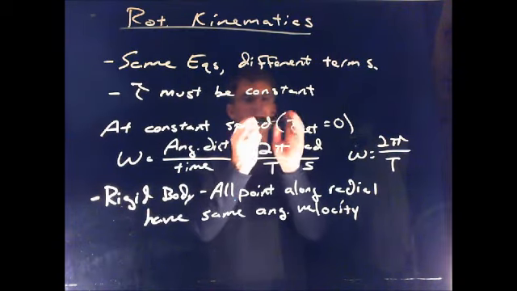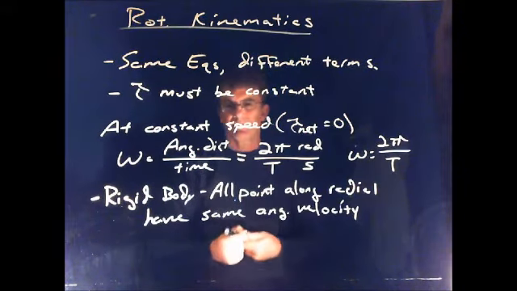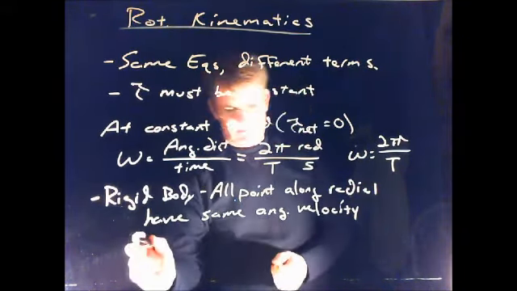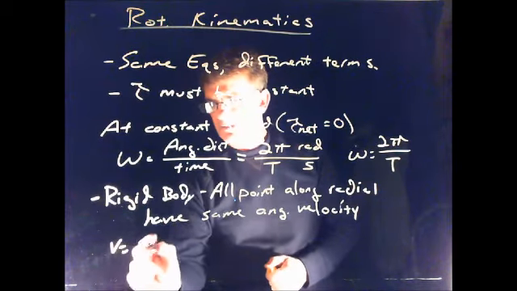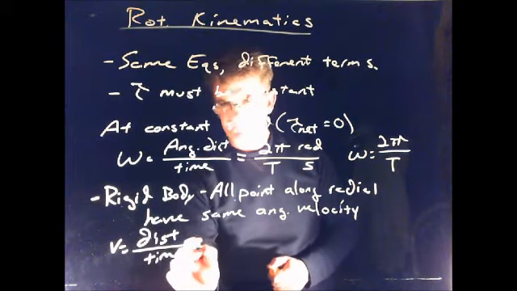And we talk about, well, that's because the outside part has a higher velocity. Keep in mind that velocity, or speed, is distance divided by time.